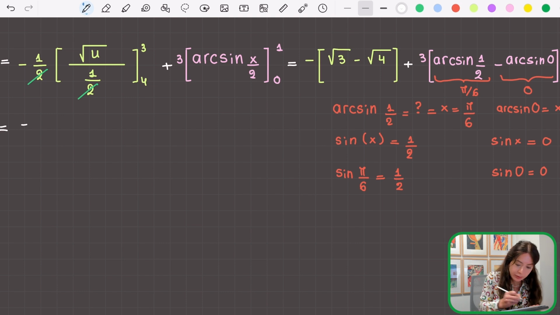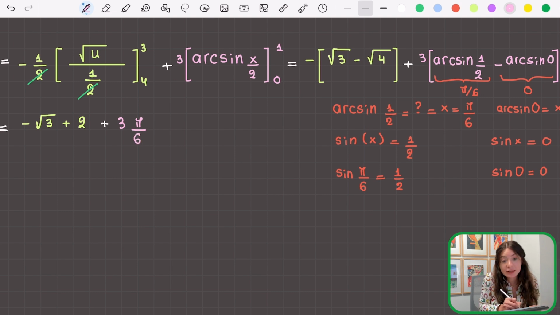Okay, so I will do square root of 3 plus, because minus 2, I'll take square root of 4 plus, as we said, it's 3 times pi over 6 minus 3 times 0. So I'm not going to write that because we said this was 0.